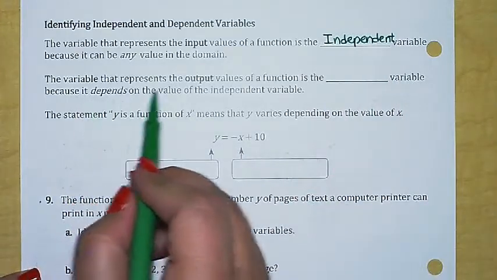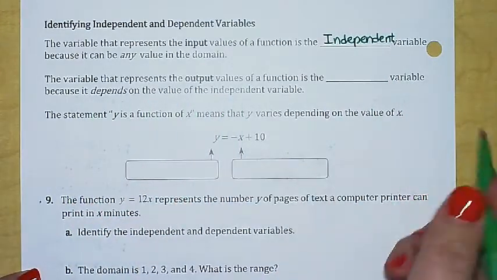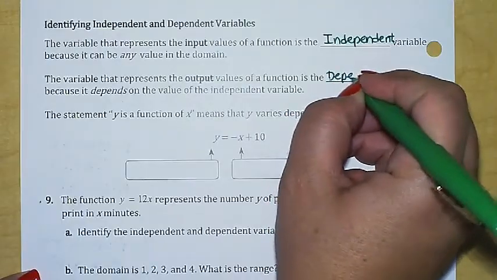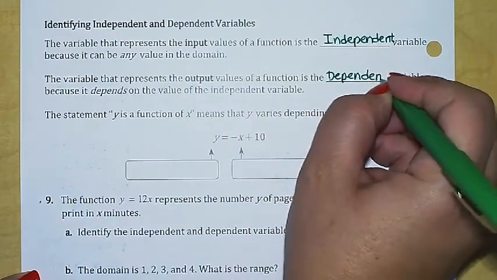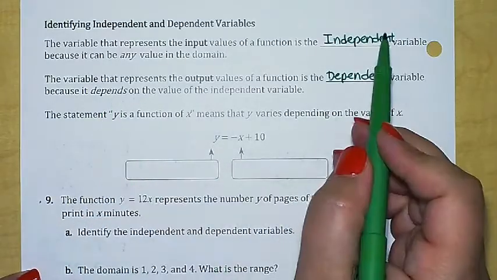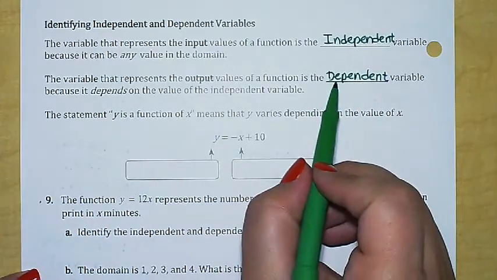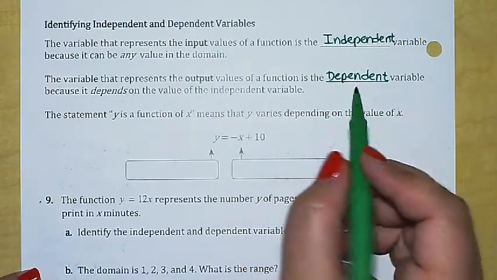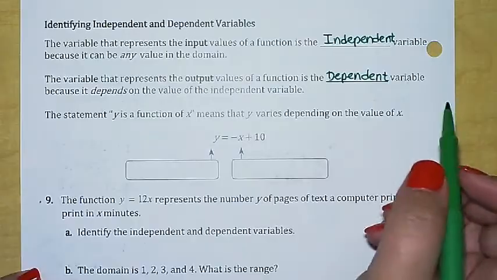And then the variable that represents the set of outputs of the function is the dependent. And that one is the one that depends on what you plugged in. It's your output. It's your answer. This is what they also call in science the responding variable, right?